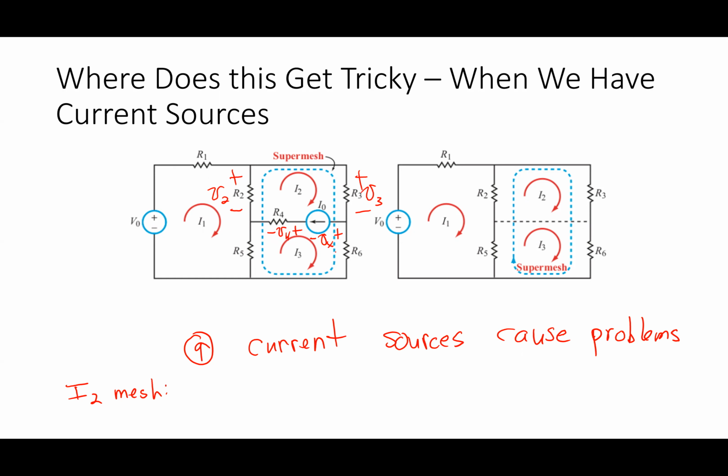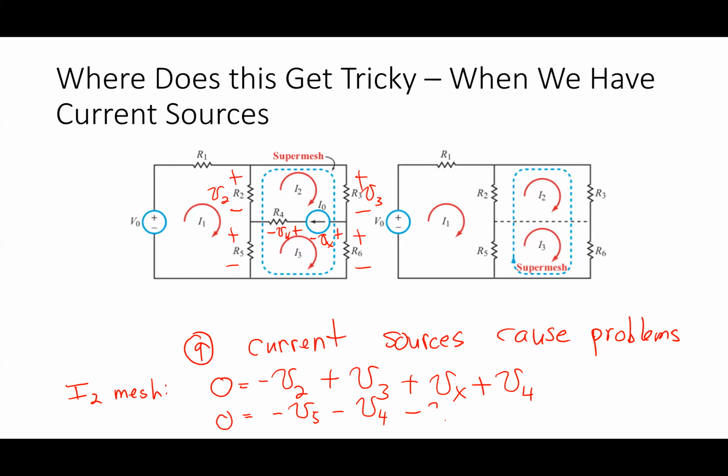So if I looked at that top mesh right there, I would have 0 equals minus V2 plus V3 plus Vx minus V4, or sorry, plus V4, all right? And then if I did it for the bottom one, I would have minus V5 minus V4 minus Vx plus V6.